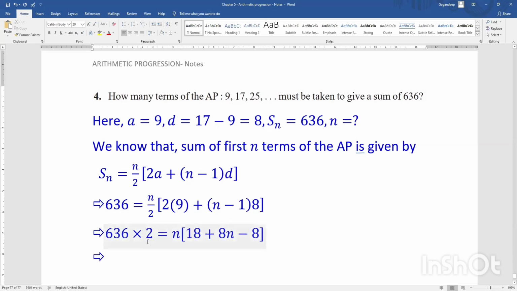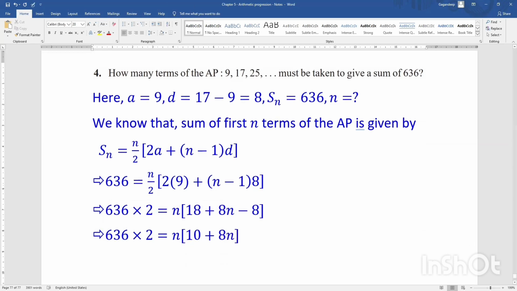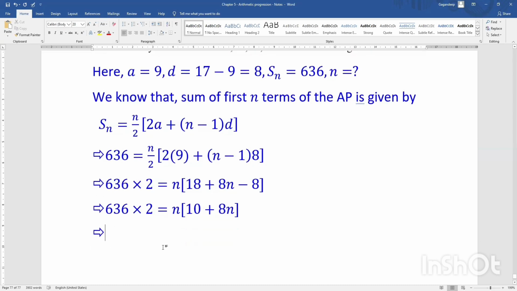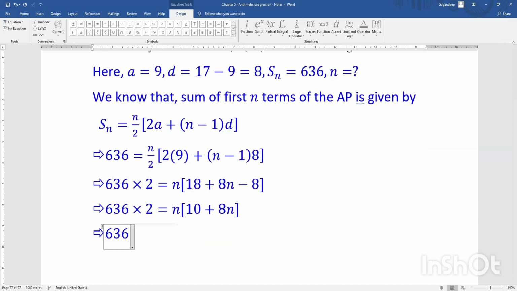So now let me take it as it is, equals n into 18 minus 8, which will give you 10, so 10 plus 8n. Or we can write 636 into 2 equals, now here I am going to take out 2 as common.